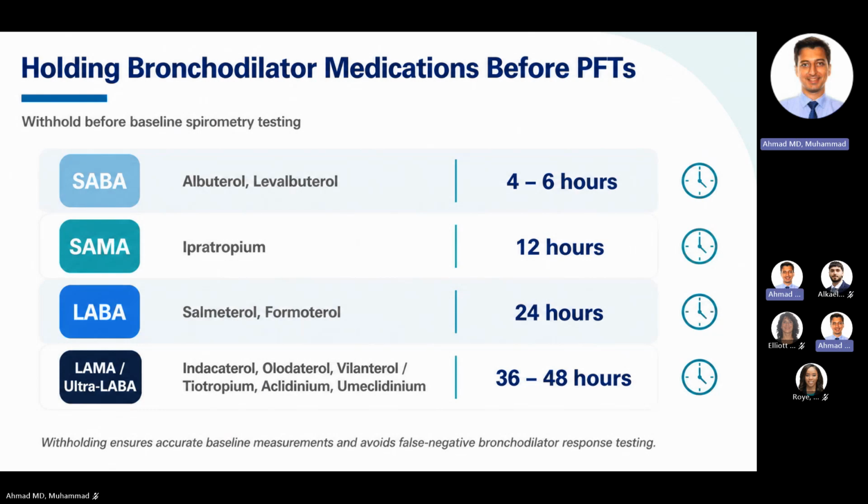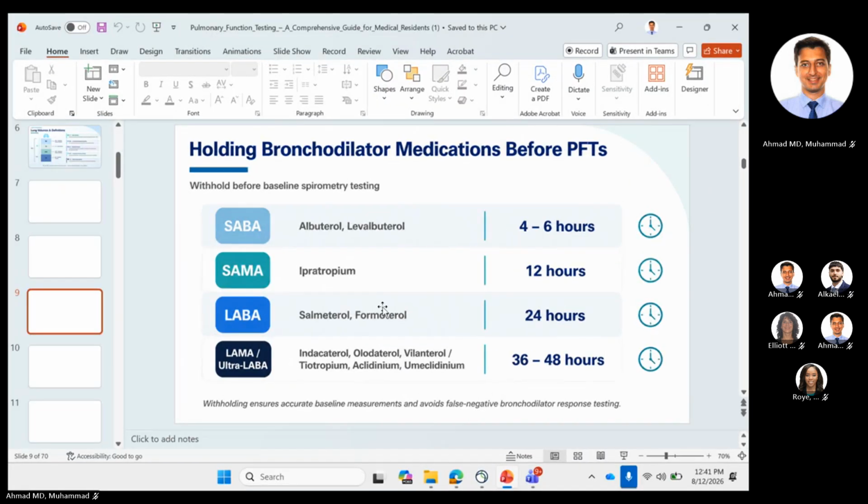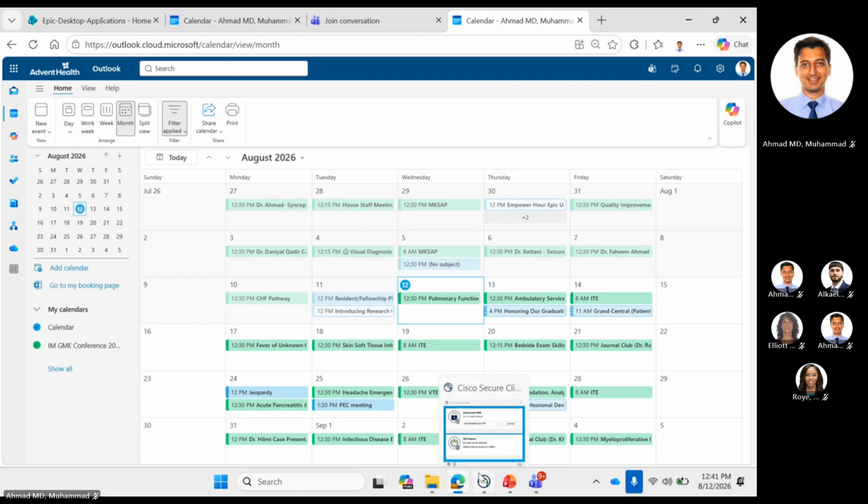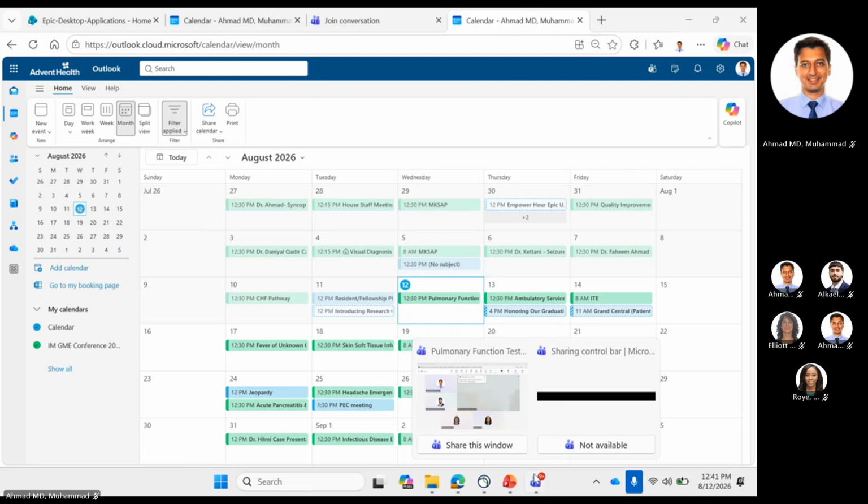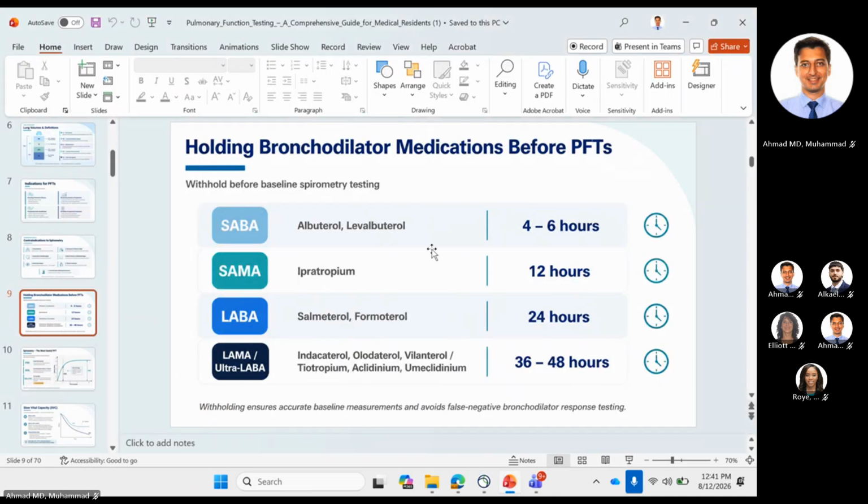The antimuscarinic agents, short-acting ipratropium for 12 hours, the long-acting beta agonists for 24 hours, and the long-acting muscarinic agents for 36 to 48 hours.